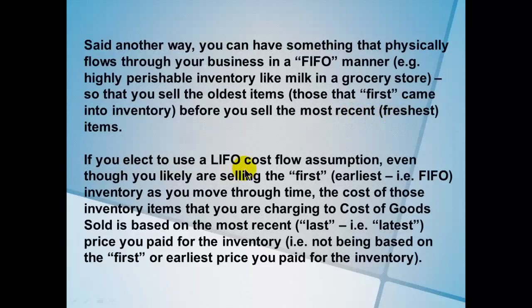If you elect to use a LIFO cost flow assumption, even though you likely are selling on a first in, first out basis, the cost of these inventory items that you're charging to cost of goods sold is based on the most recent, i.e. the last or latest price that you paid for the inventory. That means they are not being based on the first or the earliest price you paid for the inventory. And again, we're talking about LIFO.